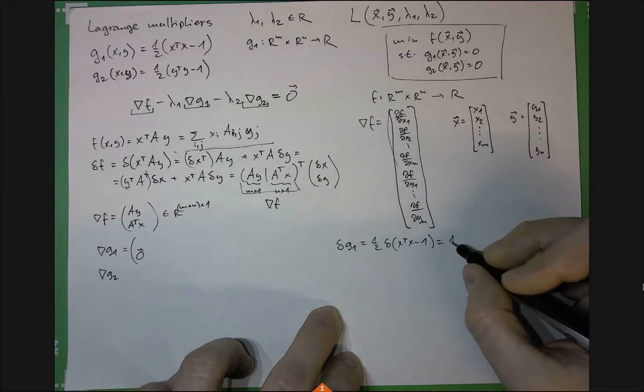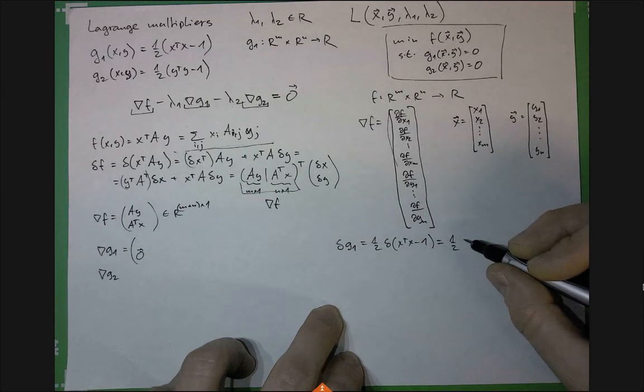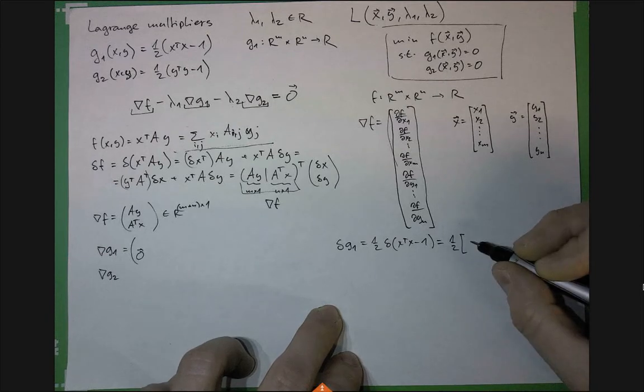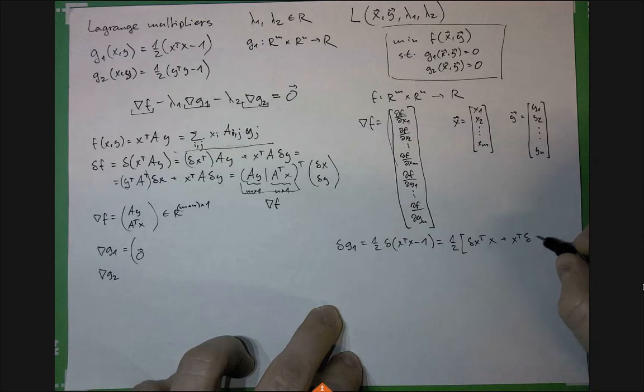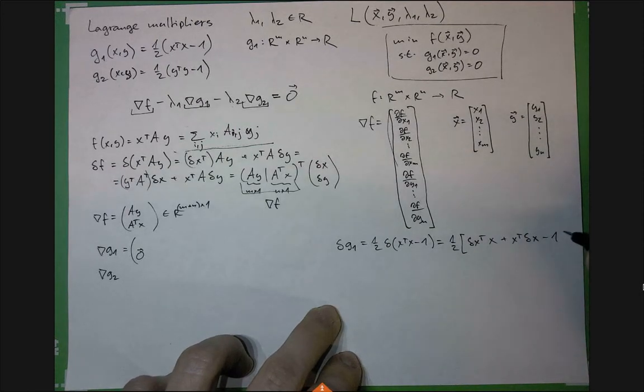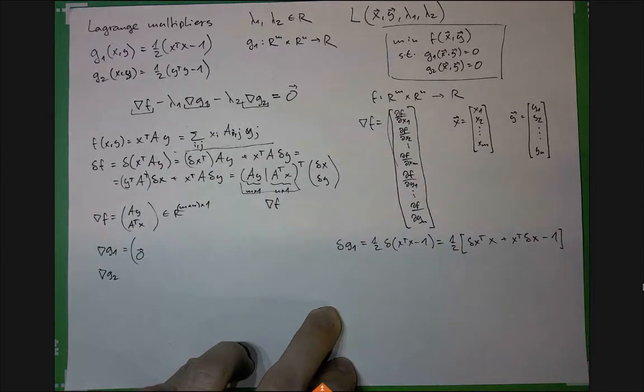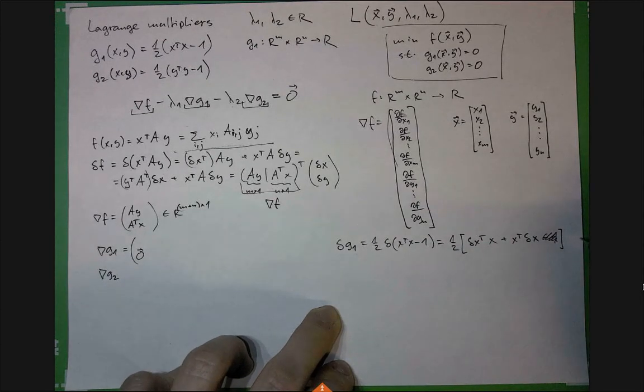Now I apply the product rule: 1/2 of the differential of x transpose times x, plus x transpose times the differential of x. The differential of the constant minus 1 is 0, of course.